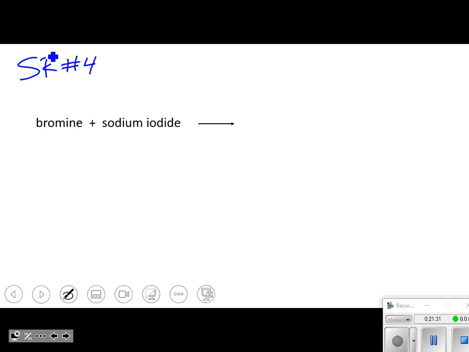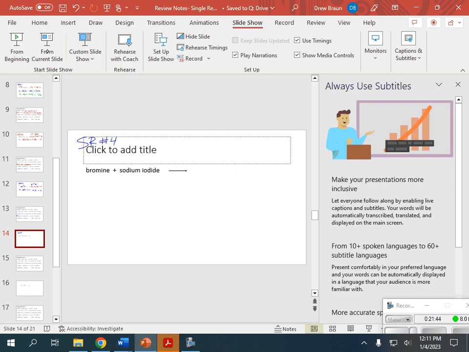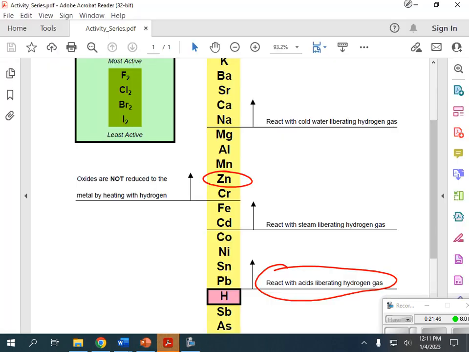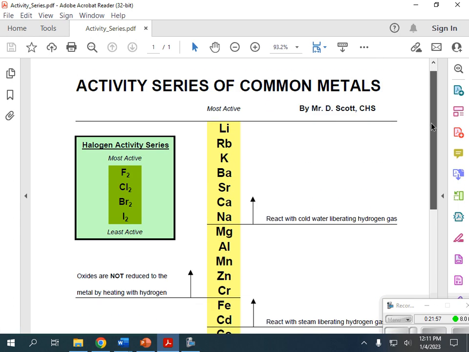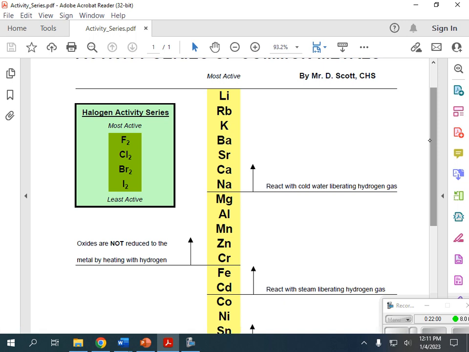Now, when you're dealing with a single replacement number 4, you should have all kinds of bells ringing in your head. Why should you have bells ringing in your head? Well, you're going to look all up and down this activity series right here, and you're not going to find the halogens because they are right here.